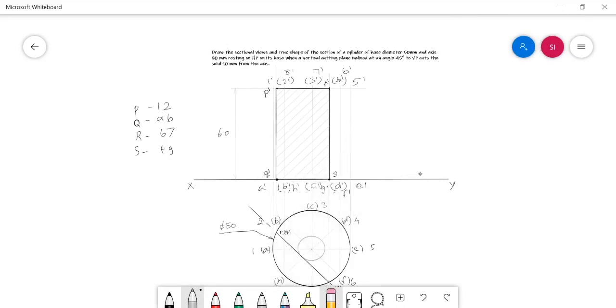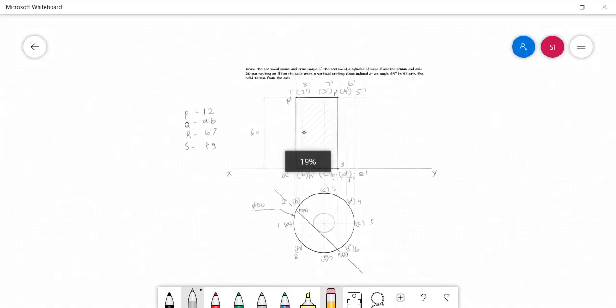Now we need to highlight the retained portion in the front view also by considering the top view. This portion is the retained portion and that portion is the removed portion. The same should be reflected in the front view also.